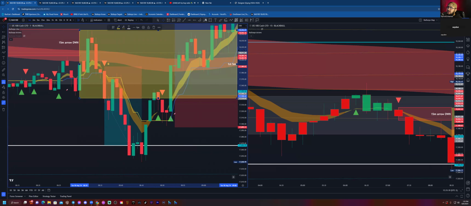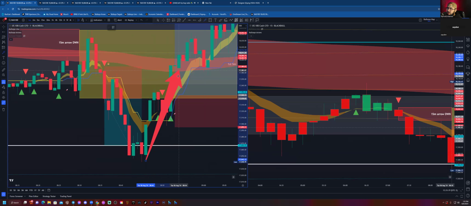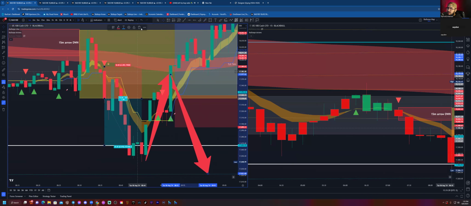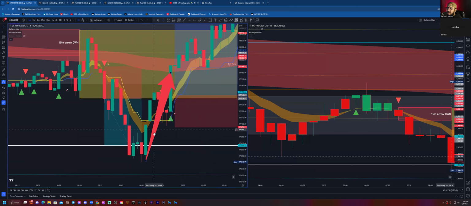We want to see if it wants to come back into the range and then give us a reason to sell. But because it fails to do that, and we get a rocket ship right here, look, we want to take that rocket ship.